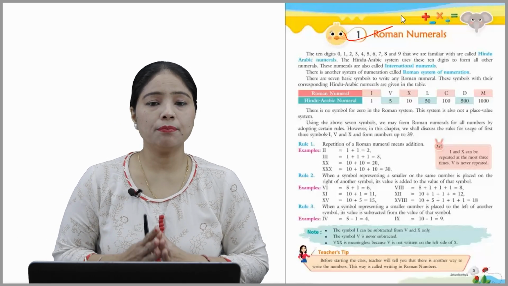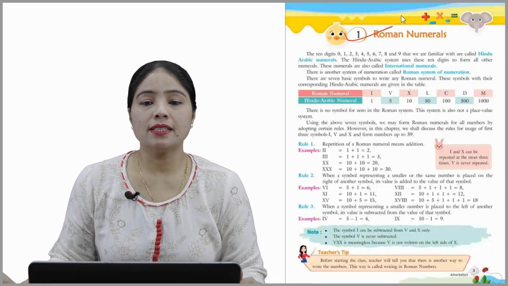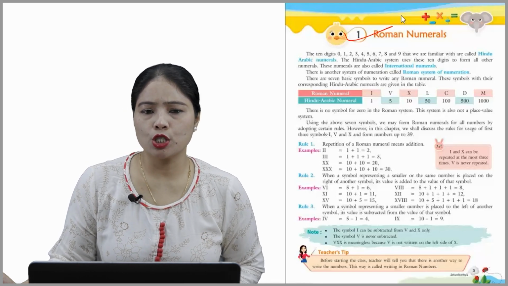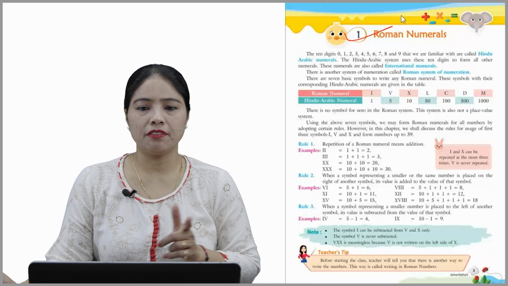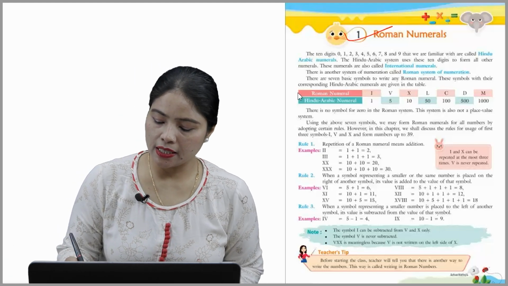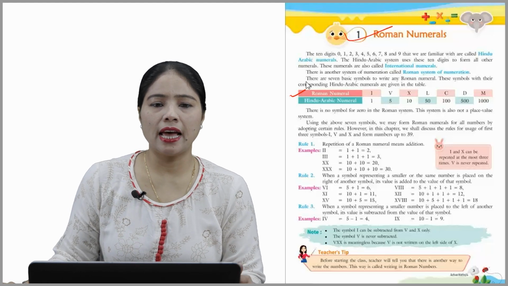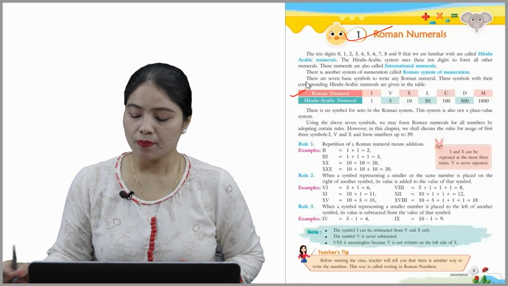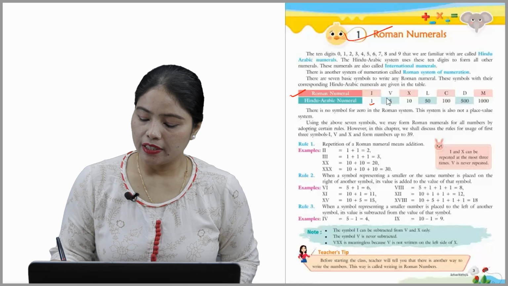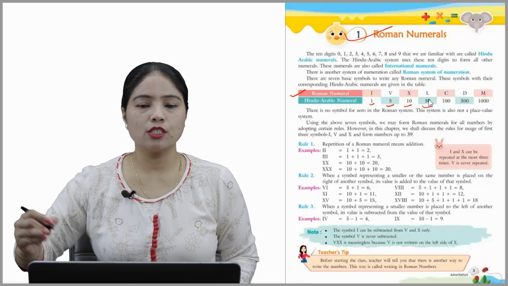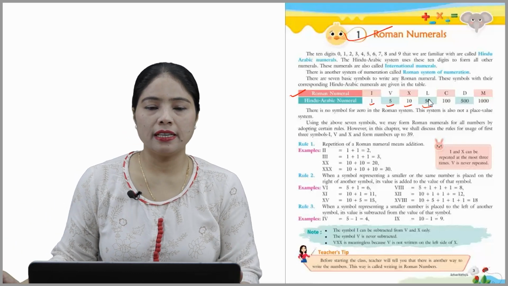There are 7 basic symbols to write any Roman numerals. These symbols with their corresponding Hindu-Arabic numerals are given in the table. So here is a table. In that, Roman numerals are given here and these are the Hindu-Arabic numerals. Like this is 1, this V we call 5, X means 10 and L means 50 and so on. Hope you understood well.